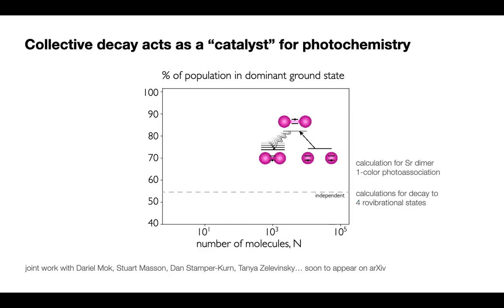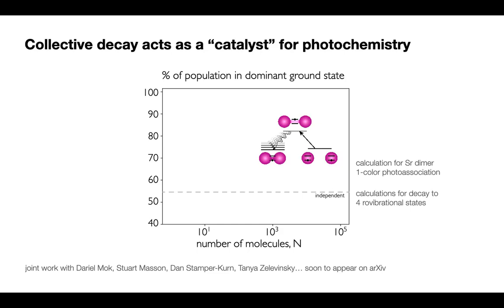And the problem for experimentalists is that this contaminates the sample. What they want is decay to just a single state. So we looked at strontium dimers, where the percentage of population in the dominant ground state, if decay is uncorrelated, is around 55%.